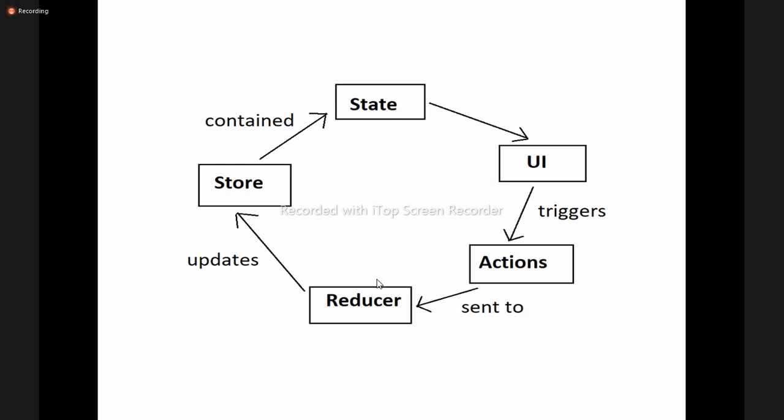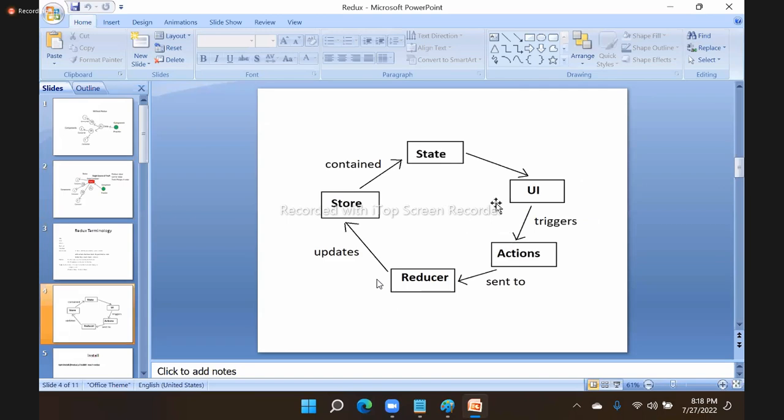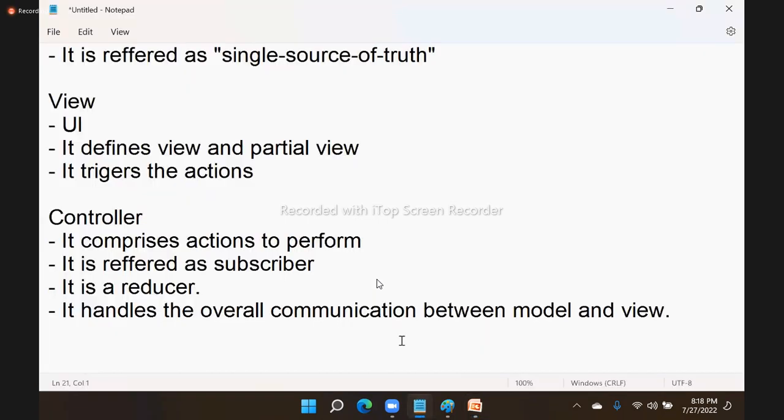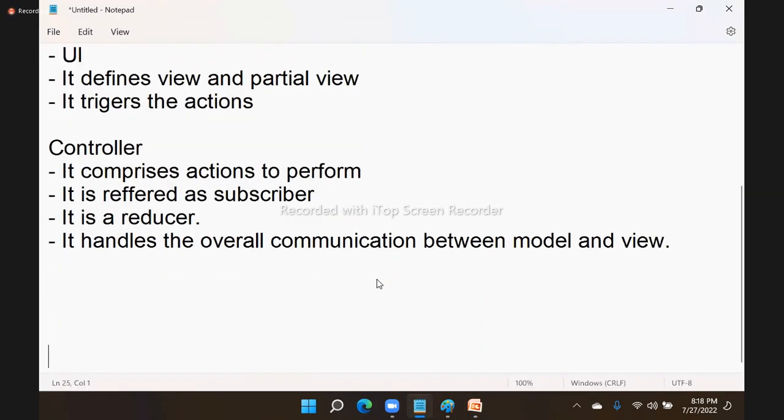Now, what is the user interface? How to handle the user interface in our project? Actually, what is our logic implementation here? User clicks on add to cart. Okay, this is already there in your project. When user clicks on add to cart, what should happen?